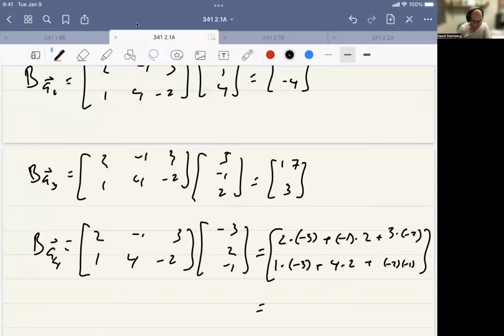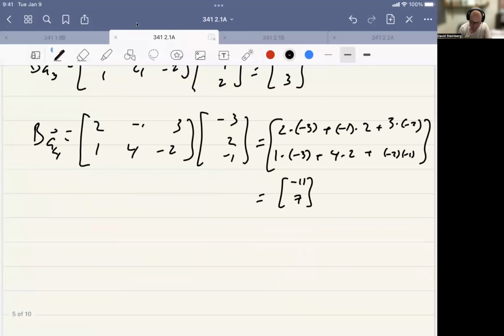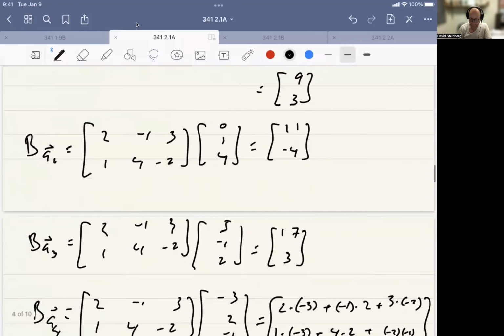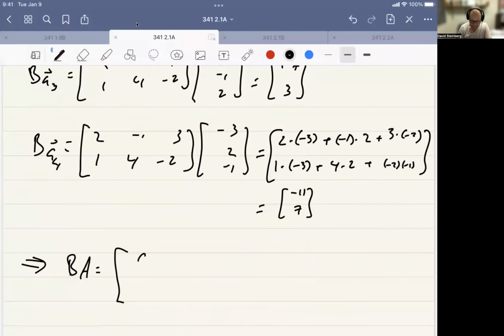And lo and behold, we get what? -11, 7. So that means BA is just the matrix that had all of these results as its columns. So it should be 9, 3, 11, -4, 17, 3, -11, 7.